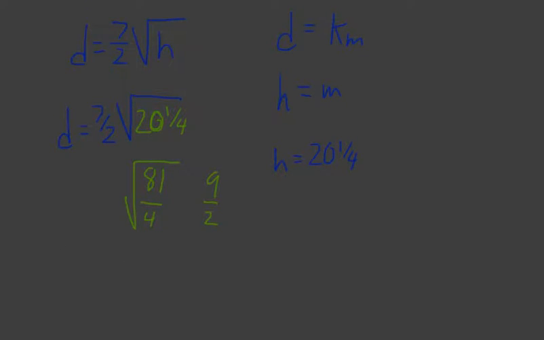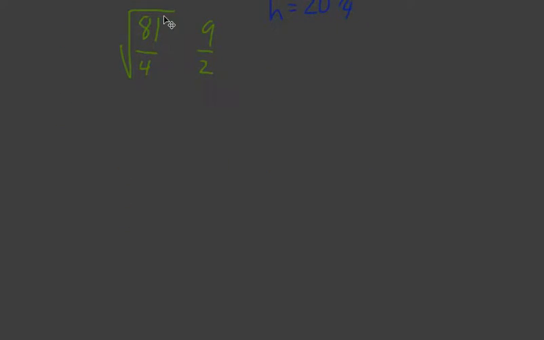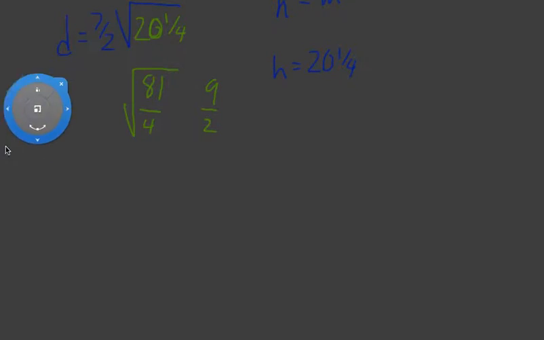So let's rewrite this problem. Let's give ourselves just a little bit more room. So D equals 7 halves times, we don't need the square root anymore, so times 9 halves. So then we just multiply straight across.